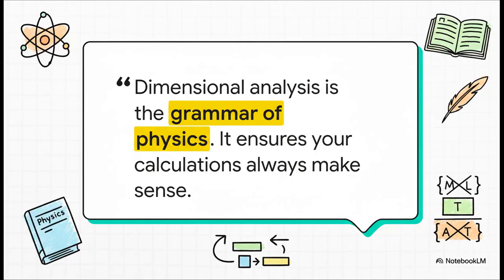You know, this powerhouse technique we've been using has a name. It's called dimensional analysis. And you can honestly think of it as the grammar of physics. If you make sure your units cancel out correctly, you're basically guaranteeing that your mathematical sentence is structured properly. It ensures your final answer always makes logical sense. It's a tool you can count on every single time.